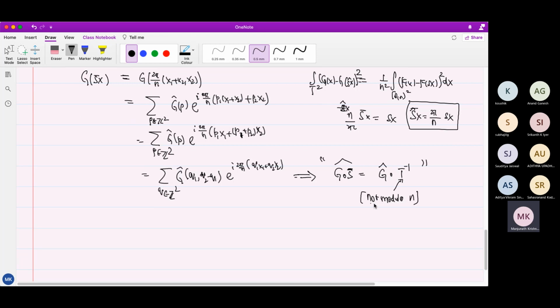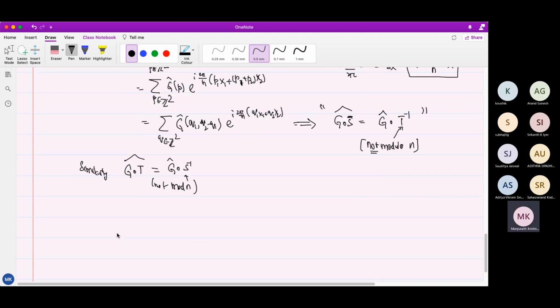So similarly, G compose T turns its Fourier coefficient into G hat compose S inverse, again not modulo n on this side.